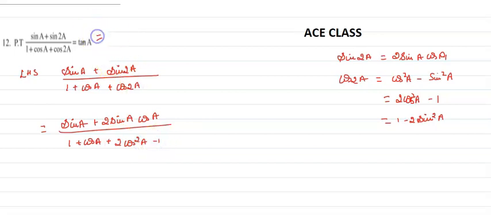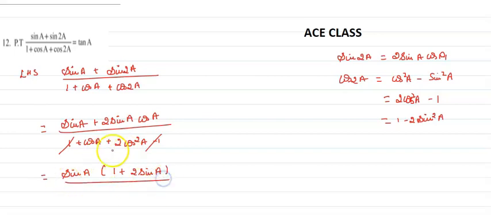Your RHS is tan, right? Tan is nothing but sin A by cos A. That means your denominator should completely be in terms of cos. That's the reason I'm using this. The plus 1 and minus 1 will get cancelled. In the numerator, I can take sin A common, so 1 plus 2 cos A will be left.